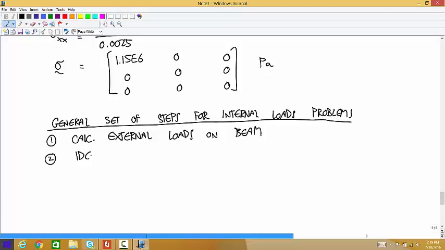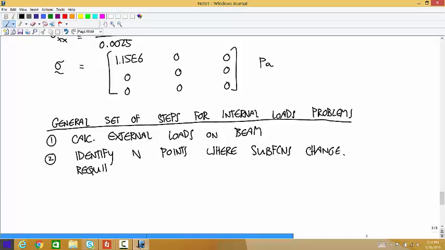Second, identify the n points where the subfunctions can change. That tells you how many cuts you're going to need, so it's going to require n minus 1 cuts.